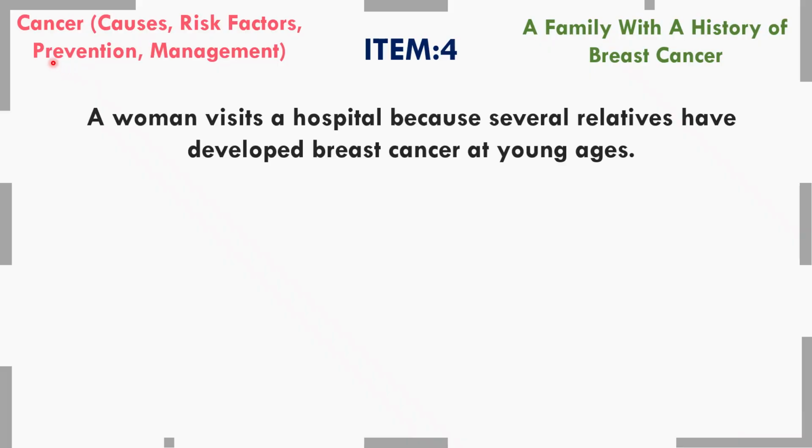Let's now talk about cancer: causes, risk factors, prevention, and management. We are going to look at a family with a history of breast cancer. Item 4. A woman visits a hospital because several relatives have developed breast cancer at young ages.